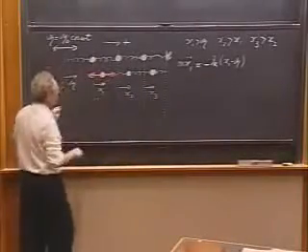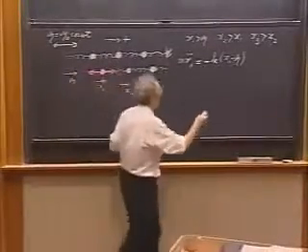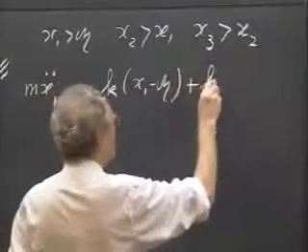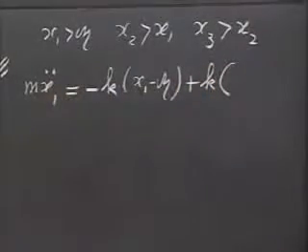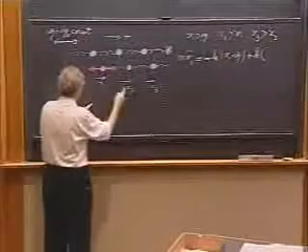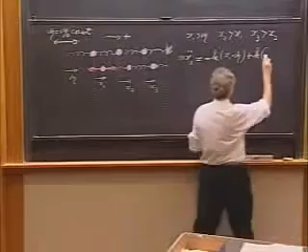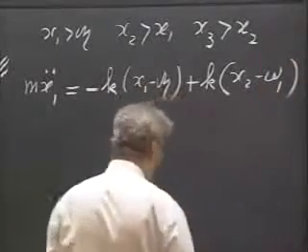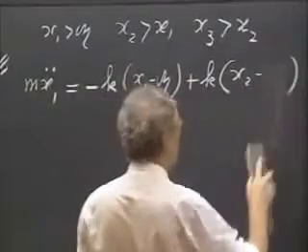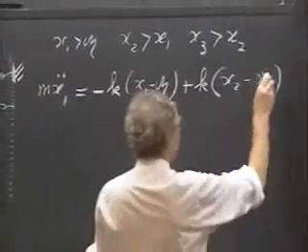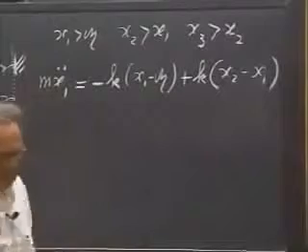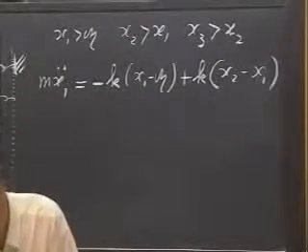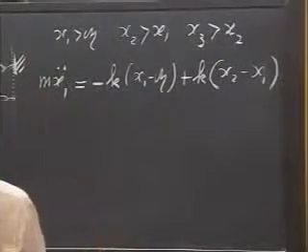And this force is now in the plus direction, is plus k times x2 minus x1, because this spring here is longer than it wants to be by that amount. That's my differential equation for the first object.